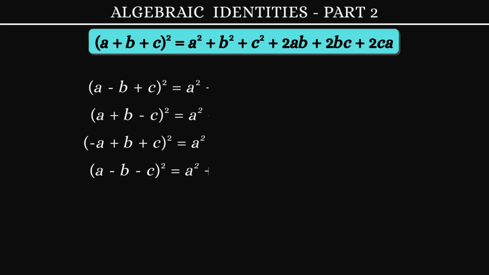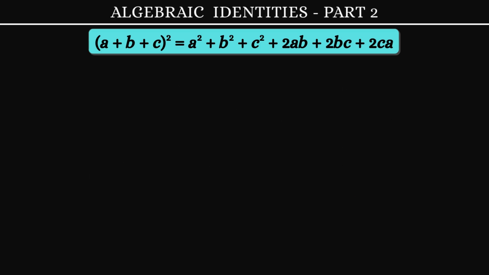Next, we'll move on to some examples. 2a plus 3b plus 5c the whole squared. From our identity, we'll replace a with 2a, b with 3b and c with 5c.